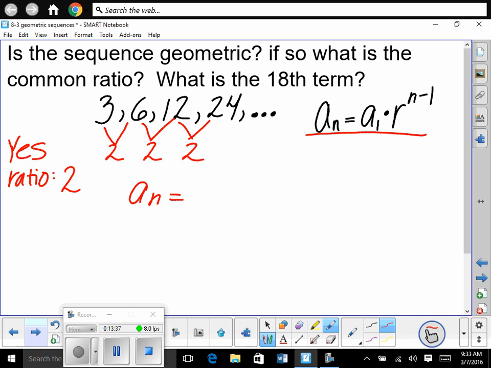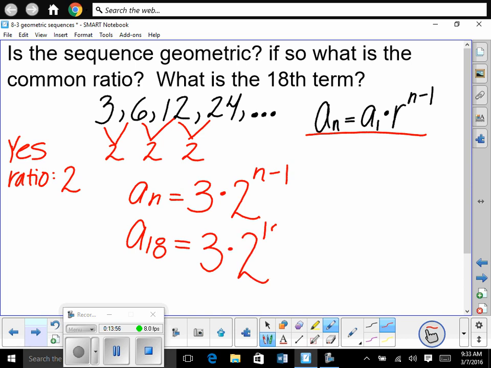What's our first term? 3. What was our common ratio? 2. So 3 times 2 raised to the n minus 1. Isn't this the general formula? Now we want the 18th term, so we want A sub 18. So n is 18, and we'll do 3 times 2 raised to the 18 minus 1.